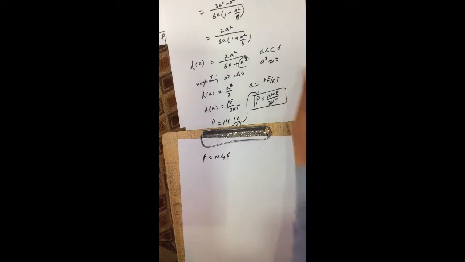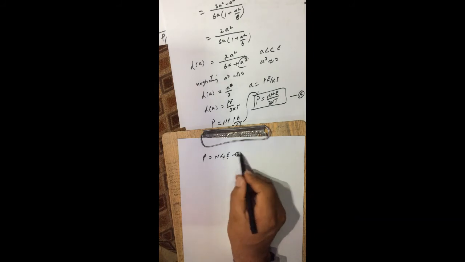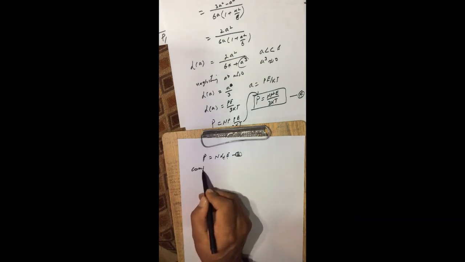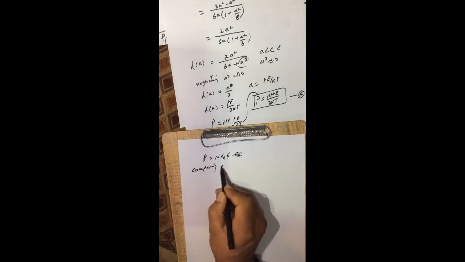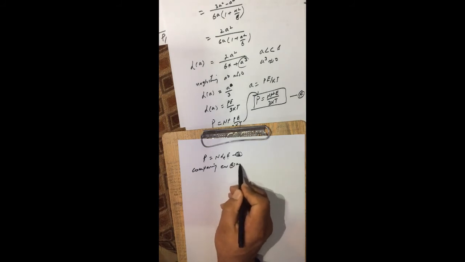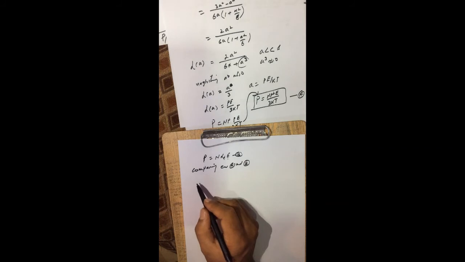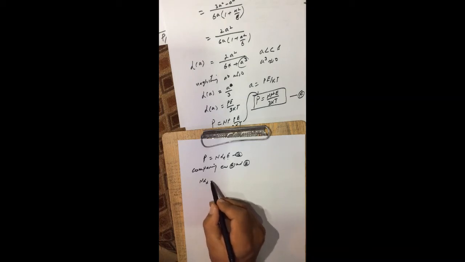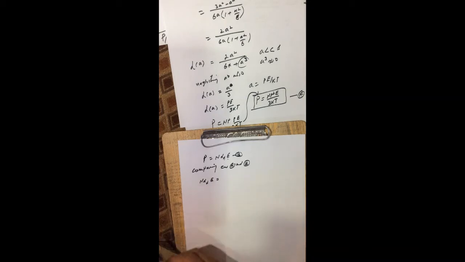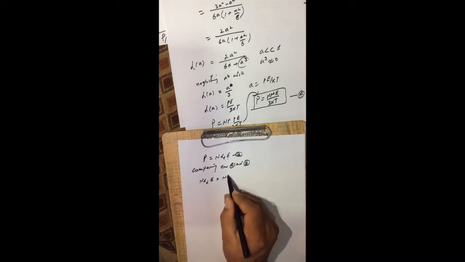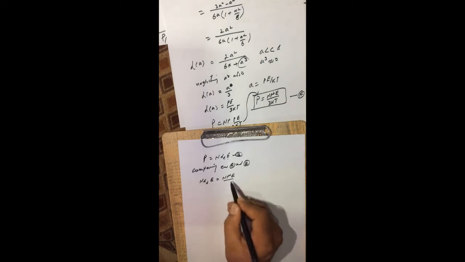If I compare these two equations, let's say this is equation A and this is equation B, comparing equations A and B, we have N alpha d into E equal to Np square E over 3kT.